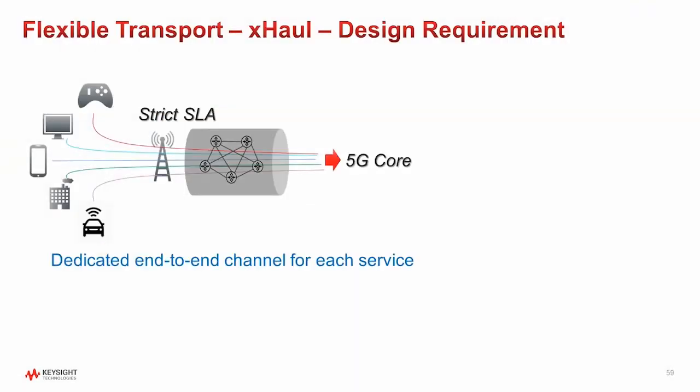The demands for new services like low latency connected cars, bandwidth-hungry video applications, and IoT are expected to see a massive increase. And we started our webinar with this today. But these services require strict service level agreements, which require a dedicated end-to-end channel for each of these services. And the existing networks are not equipped or even scalable enough to support these types of demands.